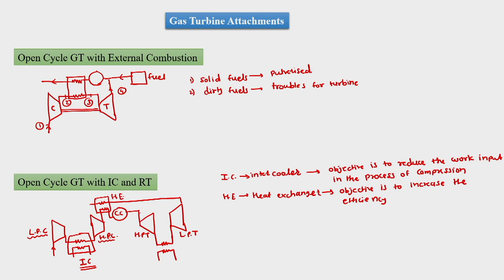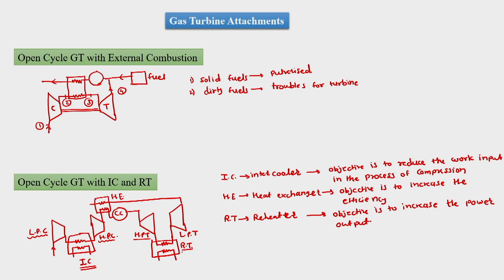and then we will have air coming to the high pressure turbine. After the high pressure turbine expansion, the air will get heated either using an external heater or maybe using combustion, and that heater is called RT. So it is called a reheater, and the objective is to increase the power output of the cycle.